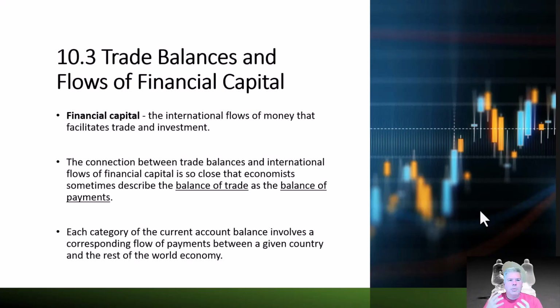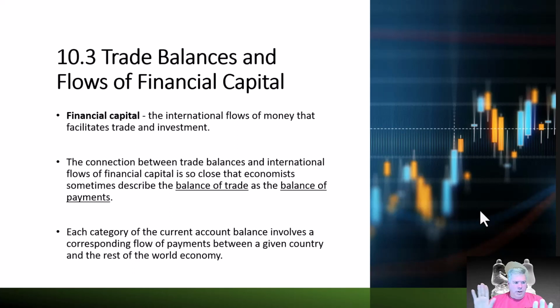The connection between trade balances and international flows of capital is so close that economists sometimes describe the balance of trade as the balance of payments, because if you're trading something, you've got to pay for it. You're generally going to pay for it in a currency, whether that's the currency of the seller or the currency of the buyer, and that's going to impact foreign exchange rates.